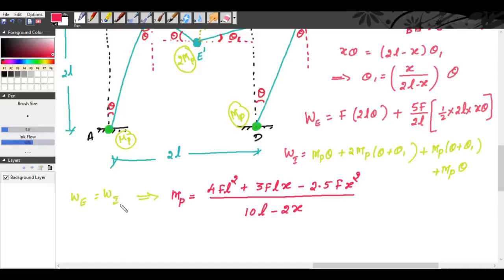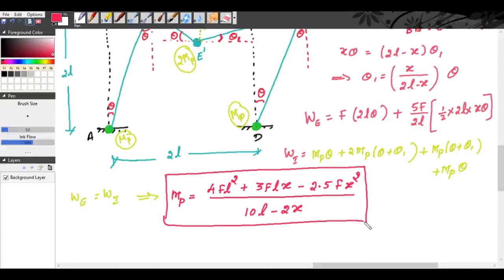So you have got this MP in terms of the load F, length L, and another variable x. So now you need to find x, that is where the maximum bending moment occurs.